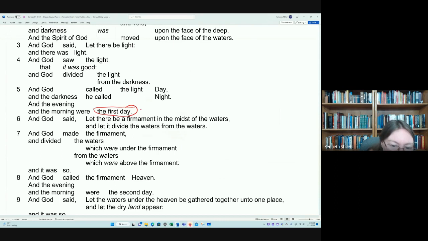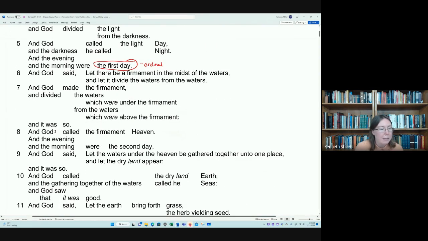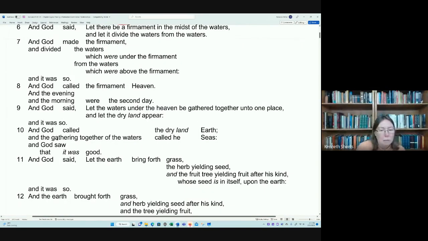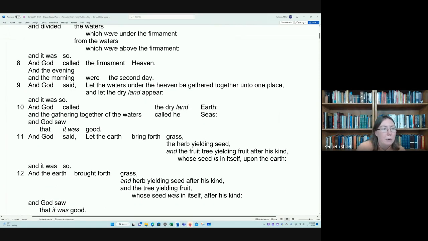Now, the interesting thing is, first in English would be an ordinal number. Now, let's come on down, verse 8, and we have the second day, and this is another ordinal number.